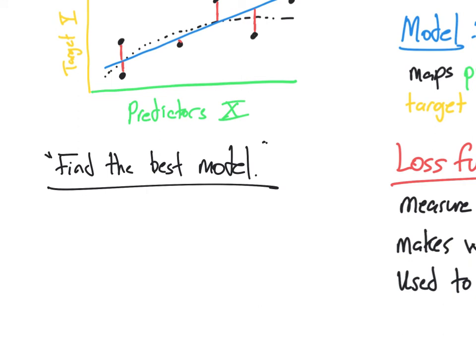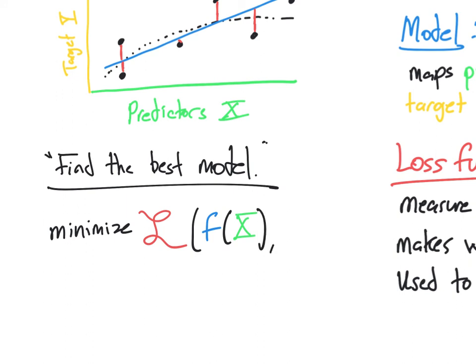Mathematically, what this looks like is the following math problem. Minimize the loss function. And what's the loss function a function of? Well, the loss function compares the predictions to the actual target variable values. The predictions are the values of the function f on the predictor variables, and those are compared to the true values of the target variable y.